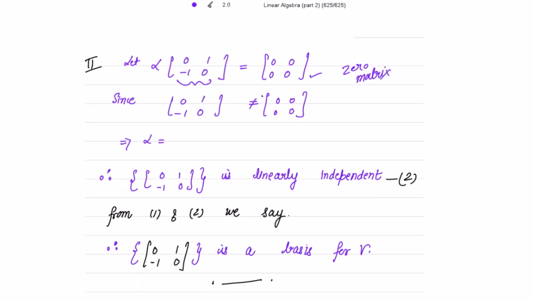So alpha must be 0, which means the scalar is 0. Yes. So therefore, this matrix is linearly independent. So from 1 and 2, we say that such a matrix is a basis for V. So I have only one basis element for such a vector space.